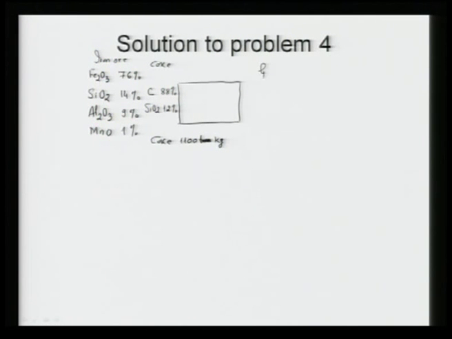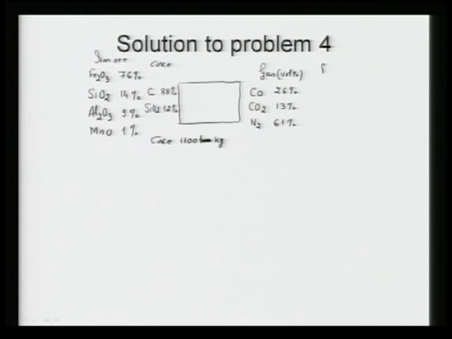Now, on the output side we have gas and its composition is given in volume percent. On dry basis we have carbon monoxide, carbon dioxide and nitrogen. CO is 26%, CO2 is 13% and N2 is 61%.